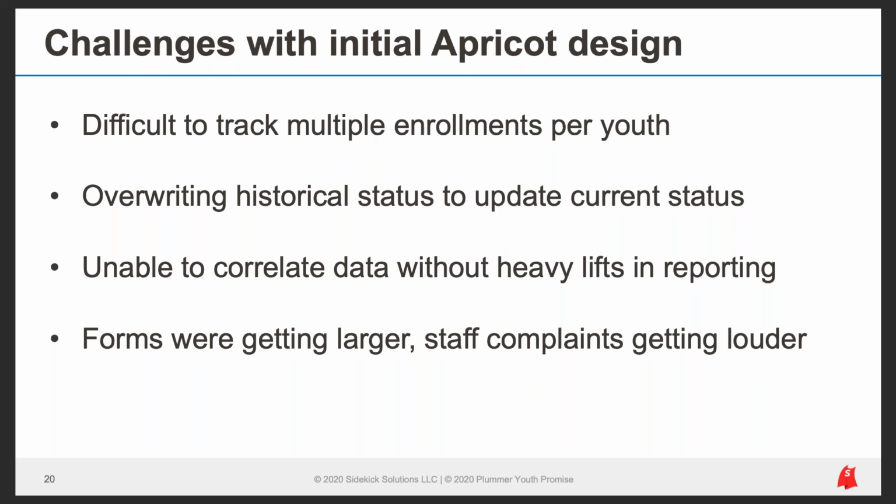But redesigning our Apricot to fix that problem, while always an option, made us hesitate multiple times, because redesigning the system meant not only the potential cost, but would we have to migrate all the existing data we had already collected, and would we have to retrain staff on a new set of forms? There were a lot of different factors to consider.